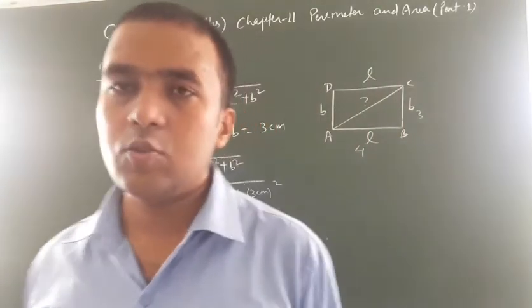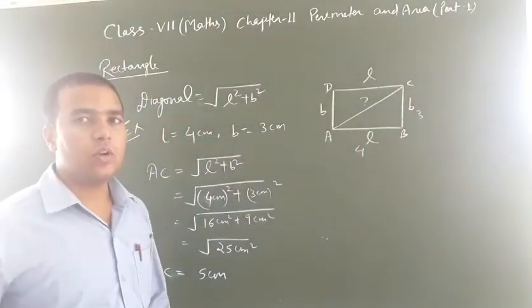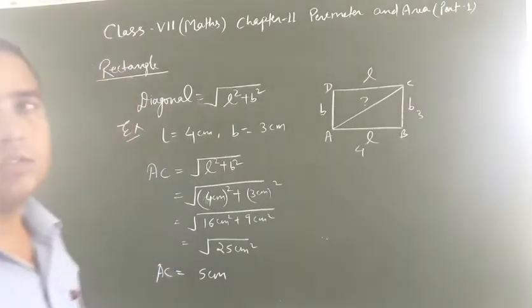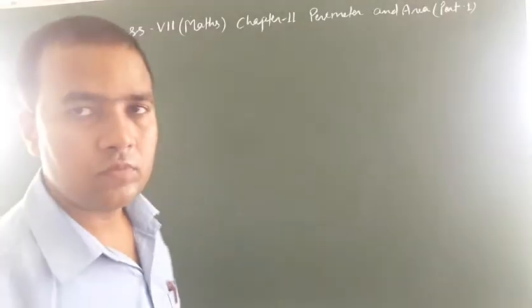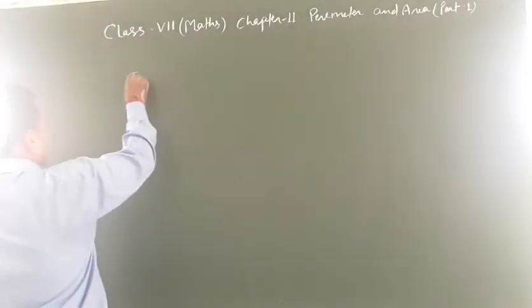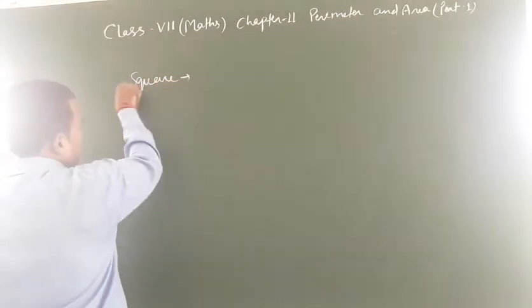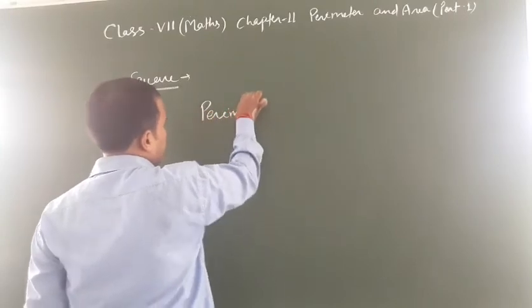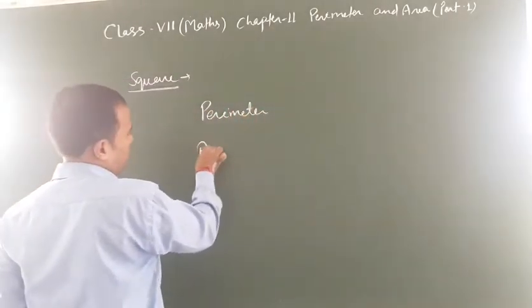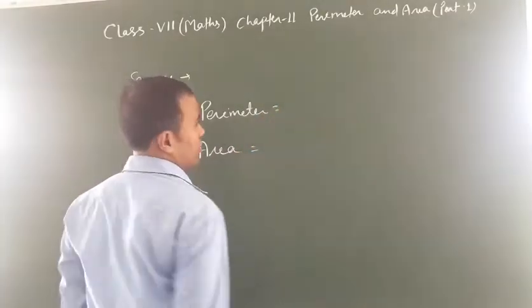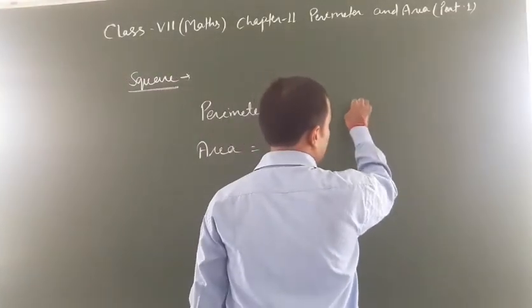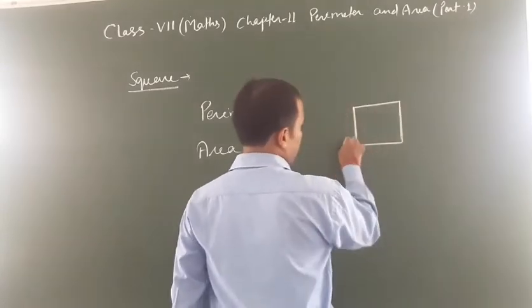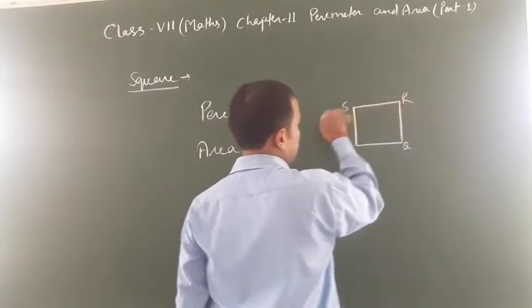Next topic is square. Square formula also I will tell. Note down this. Perimeter and area of a square.